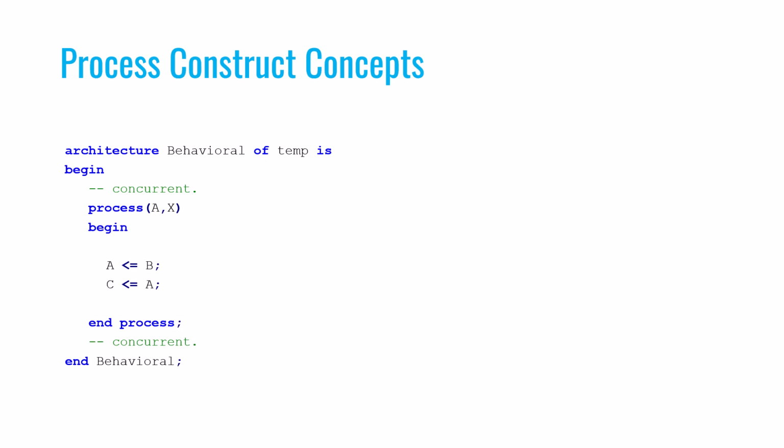Now let's assume an event has occurred on one of them. Its value has changed and the process is activated. The statements are evaluated line by line. The first statement assigns the value of signal B to A, and the next assigns the value of A to C. If these two assignment statements were written in the concurrent section, they would be evaluated as follows.